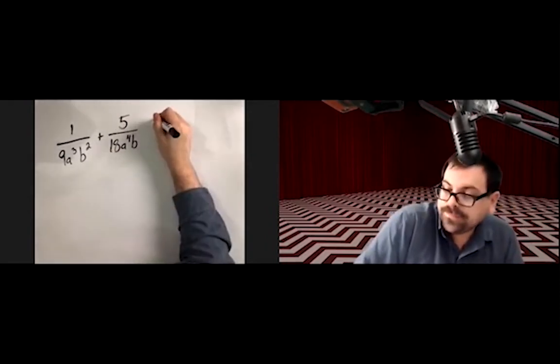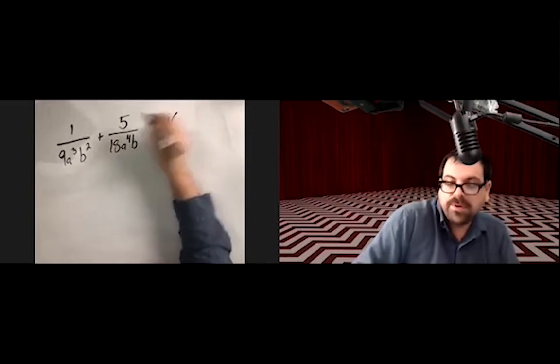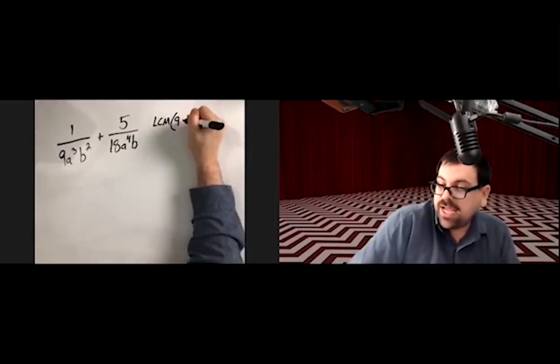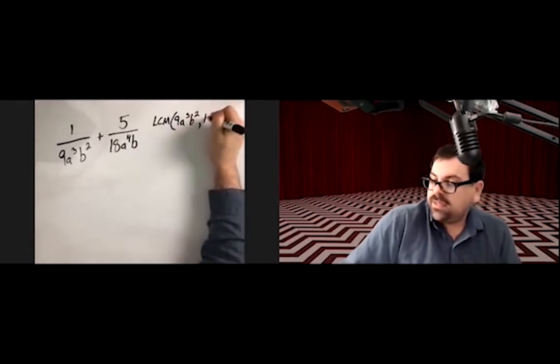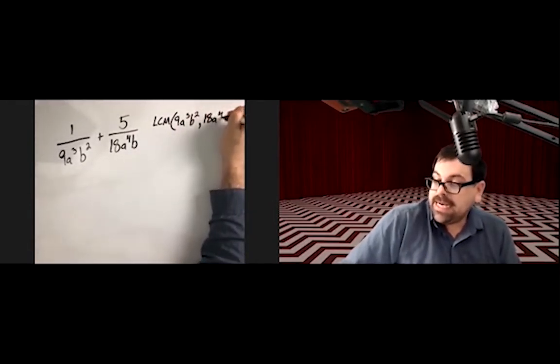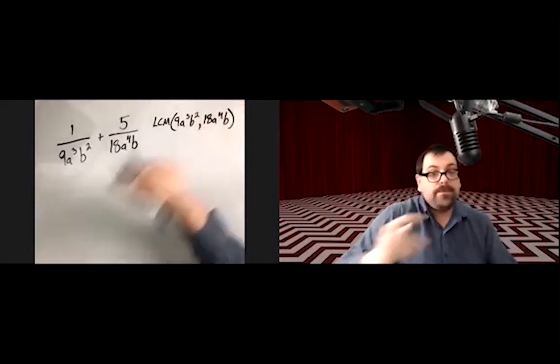We need the least common multiple of 9a cubed b squared and 18a to the fourth b.